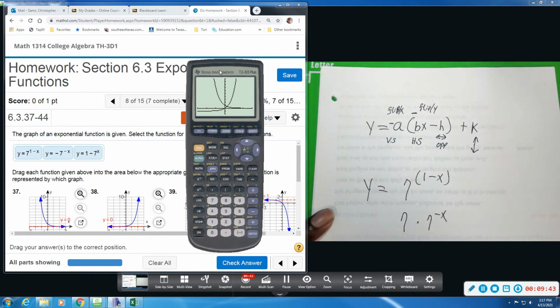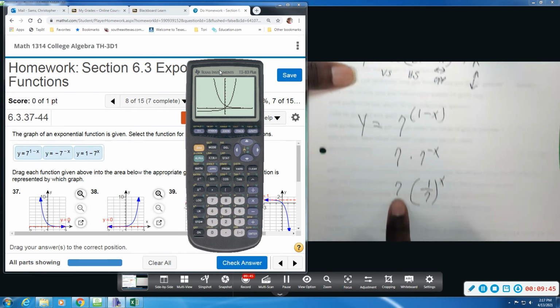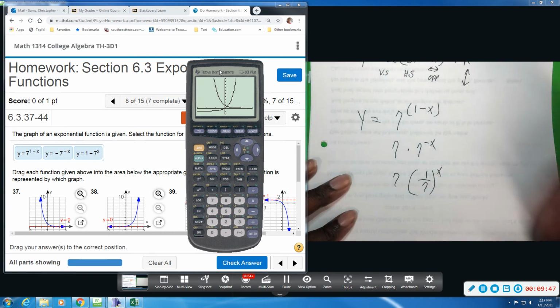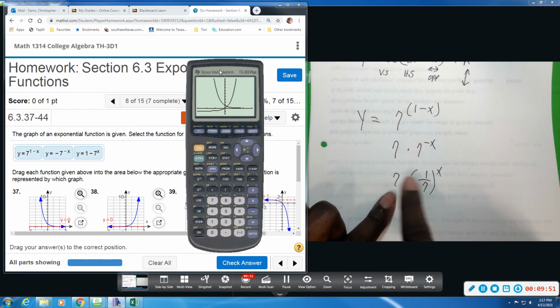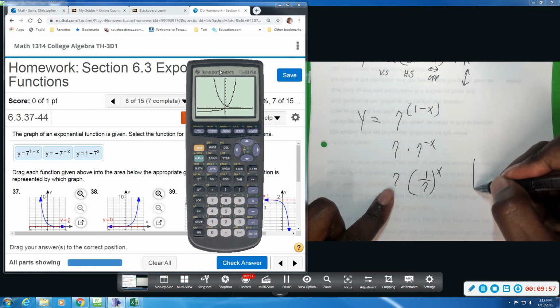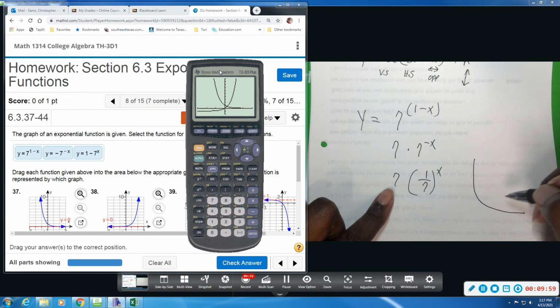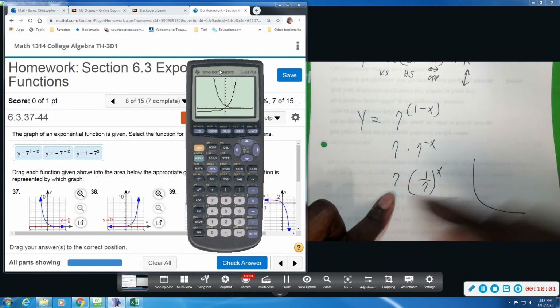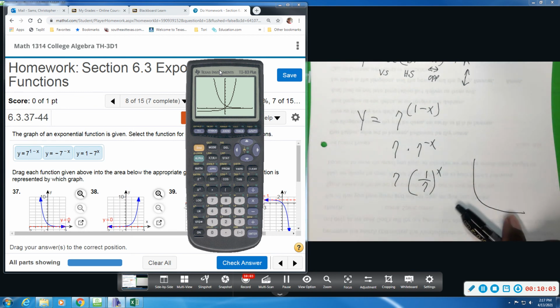So it's kind of like we have this factor out front, and this gets changed here. So this is what we have. What's going on? We have exponential decay from here, but we're multiplying it by a factor of 7. Kind of looks like a transformation.